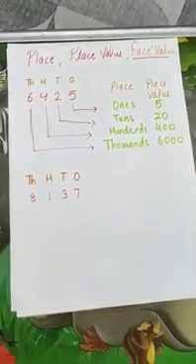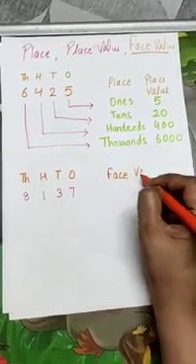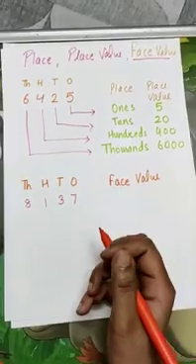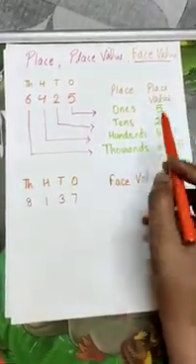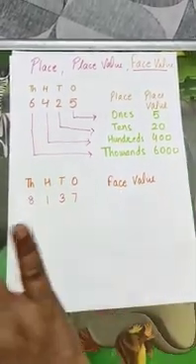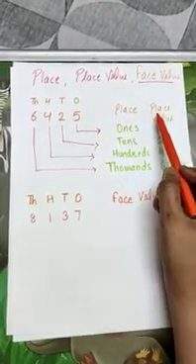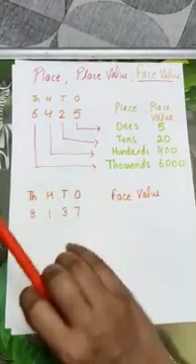So here I am going to take only face value. But remember, in the assessments, we may ask you about place value and face value, all the three concepts together. So don't get confused. The way I have written over here, place value, in addition you will write face value. That's it.